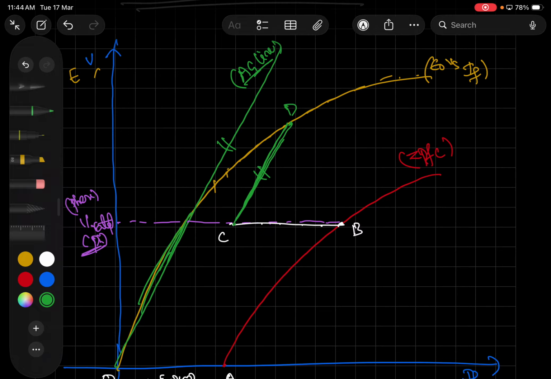And once the intersection point is given, next draw from D to B and draw a perpendicular, just up to this extent.